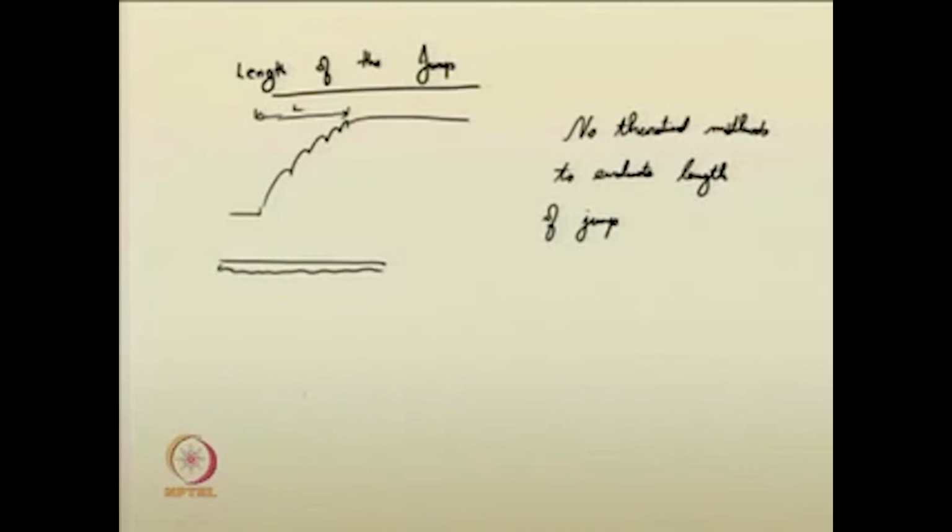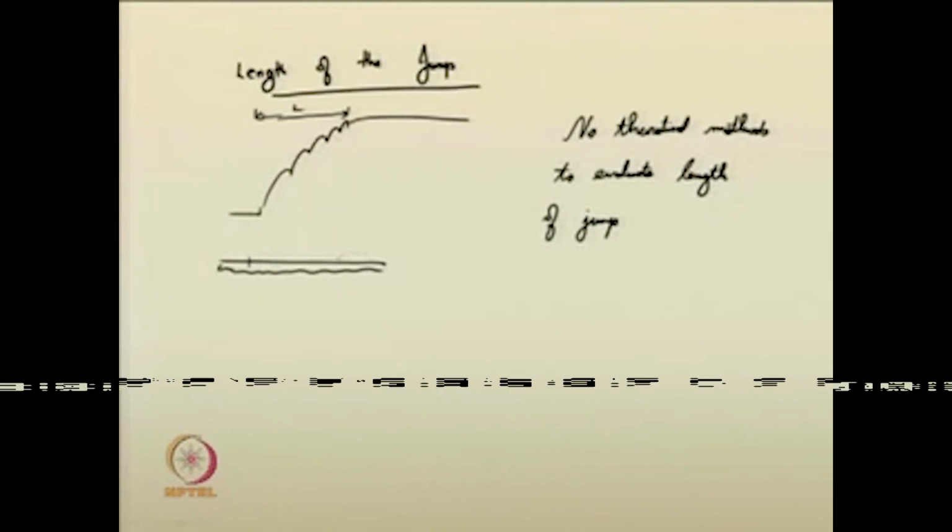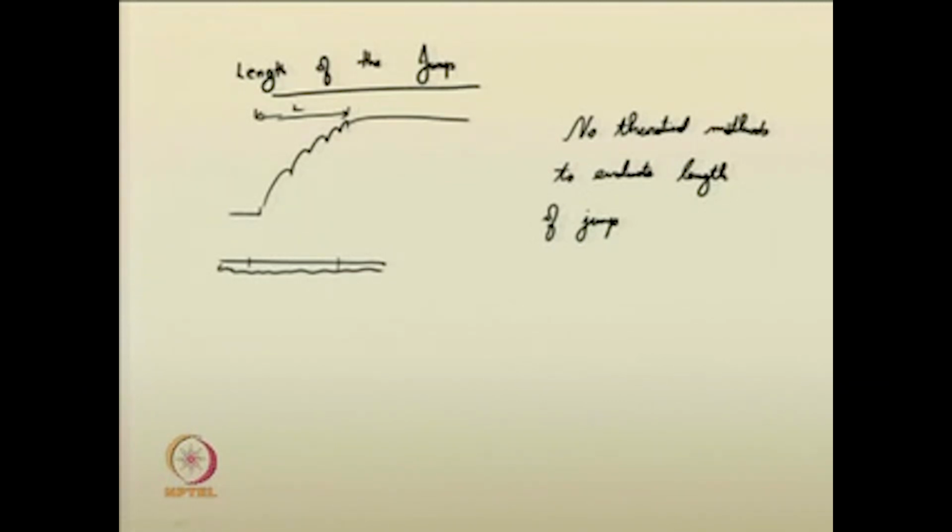Before that, why is the length of the jump important? Why do you need to compute it? What happens if you do not take the jump length into account? In this channel, from the starting of this jump to the end of this jump, there is a sudden rise of water.